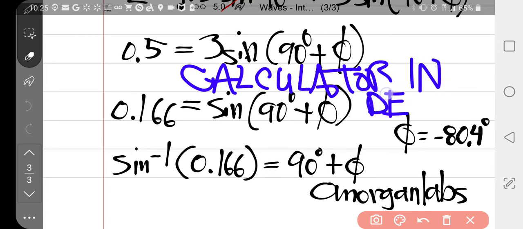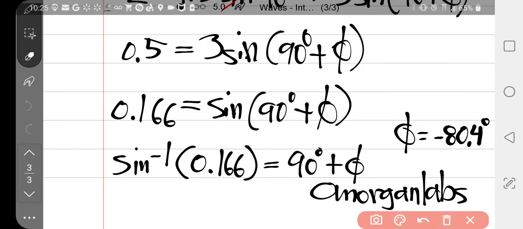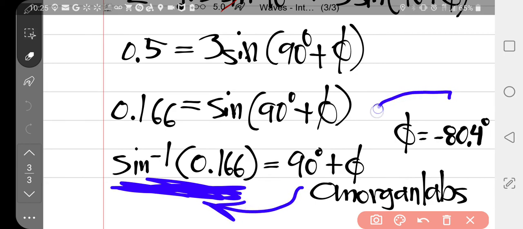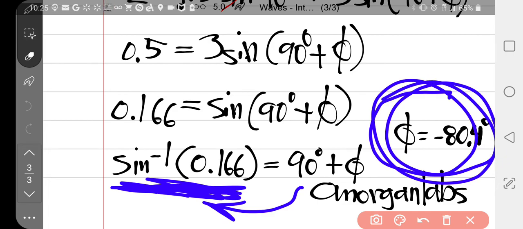This is a common mistake that happens a lot. When we do that, we get a number like 9-ish for the arc sine of 0.166. And then you subtract 90 from both sides, and you get your answer, negative 80.4.